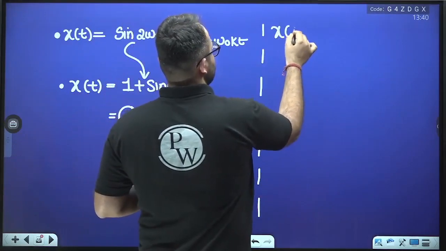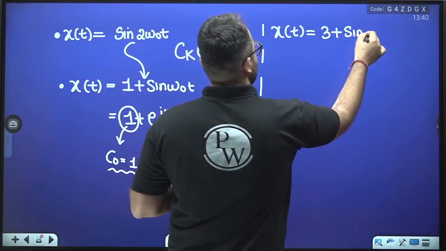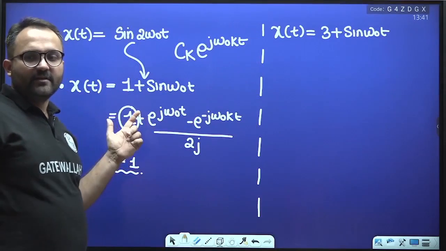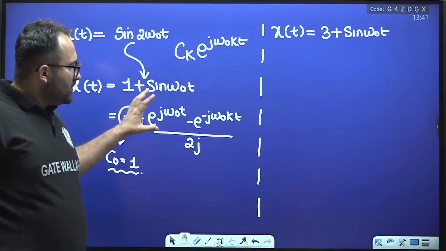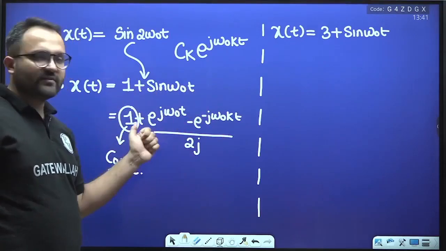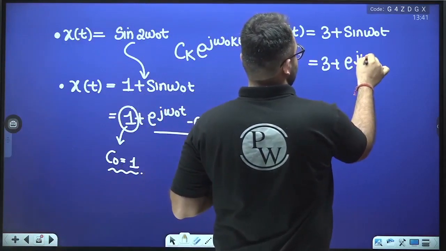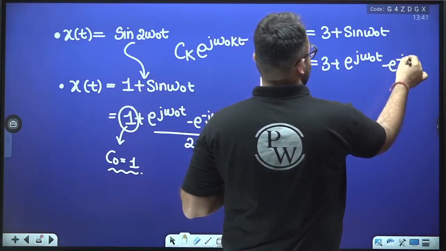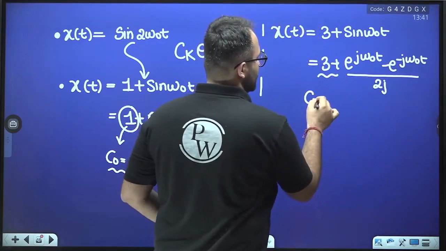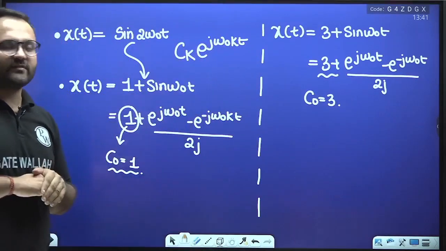Now, if we change the DC, for example, I add 2 here, we can see that if we are adding a DC term, then except C0, no other Fourier series coefficient will change. So only C0 will change to 3, rest all the Fourier series coefficients will remain the same.